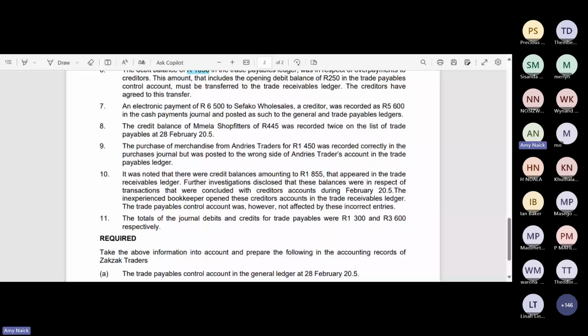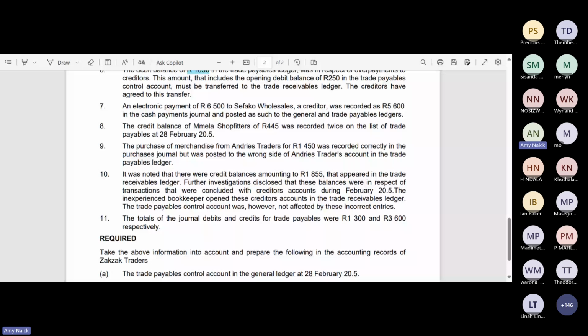We made a payment of 6,500, but only recorded it as 5,600. So the difference between the 6,500 and the 5,600 is the correction that needs to come through.